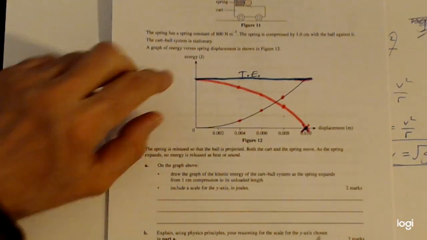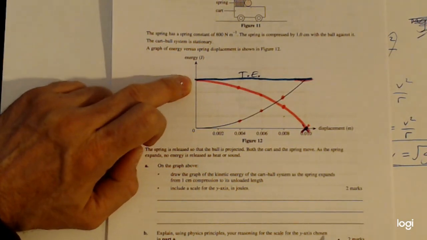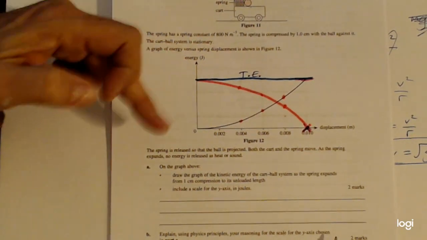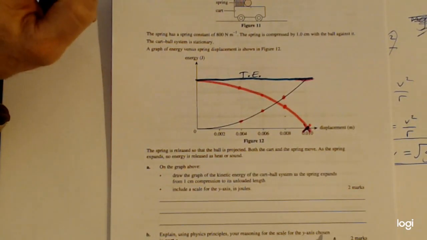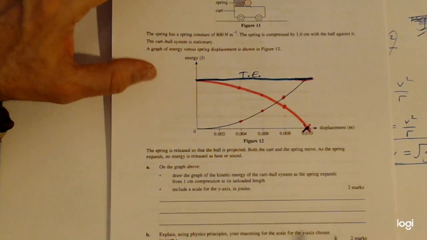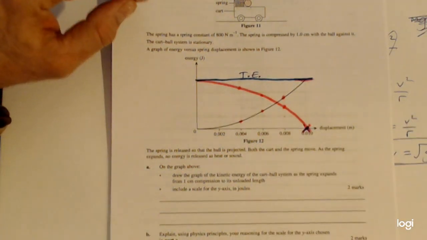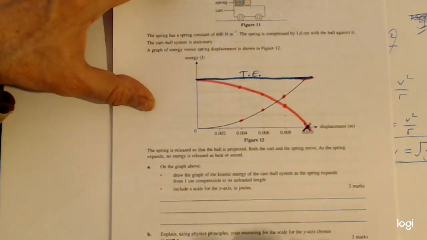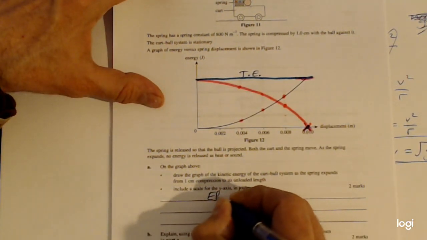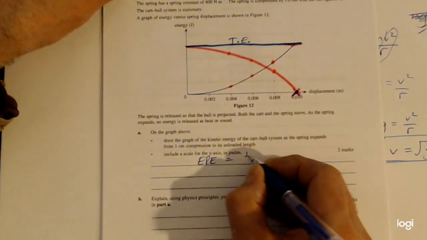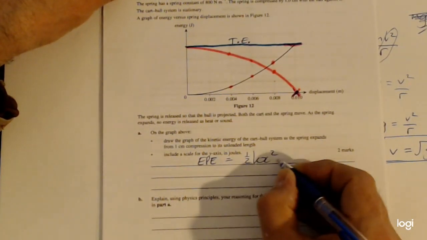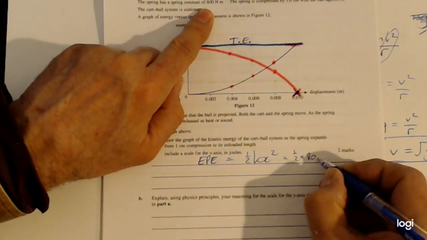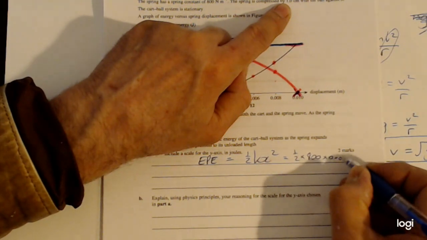Now, they also said put a scale on this. We've got to figure out how much kinetic energy it's got, right? We don't have enough figures for kinetic energy. Half mv squared, we don't have the v. But we do have the figures for elastic potential energy. We've got the k and the x. So elastic potential energy equals half kx squared, which equals a half times 800 times 0.01 squared.